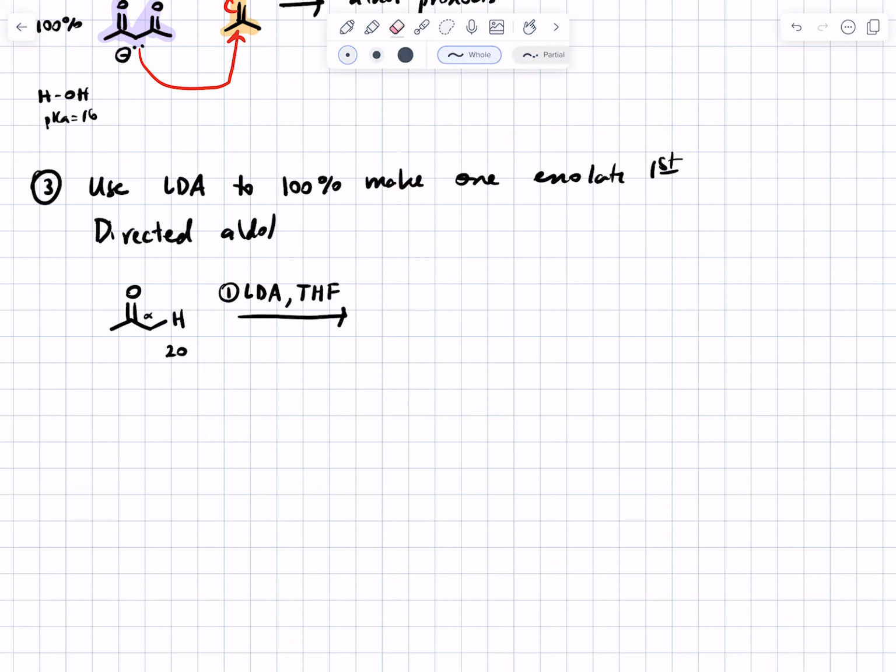We just want to make it in 100% yield. Again, if you're wondering why this is 100% yield, all you have to do is compare the pKa of the LDA proton after it removes a proton with the pKa of the alpha proton, and that's 100% yield.